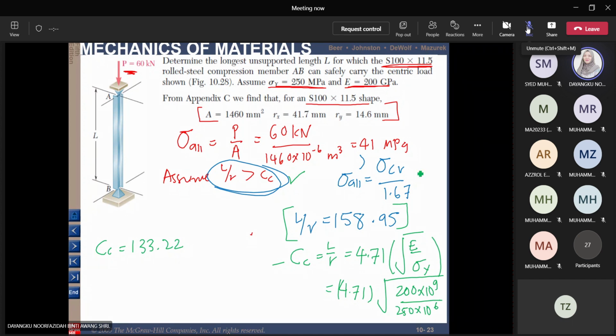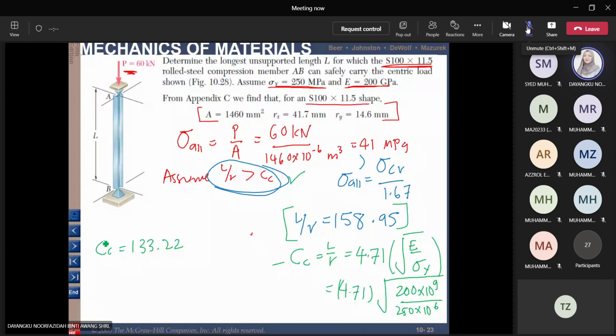So using this part here, the question is to find the value of L, which is the longest unsupported length.